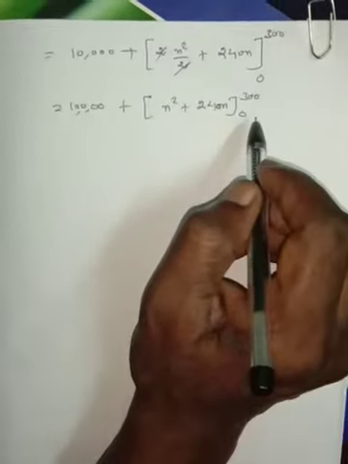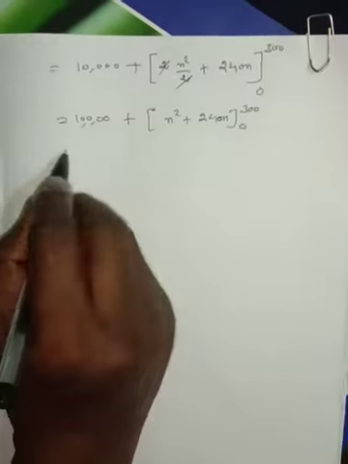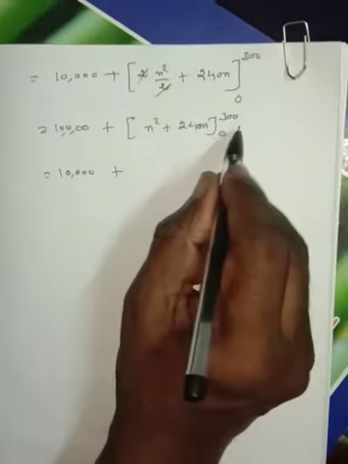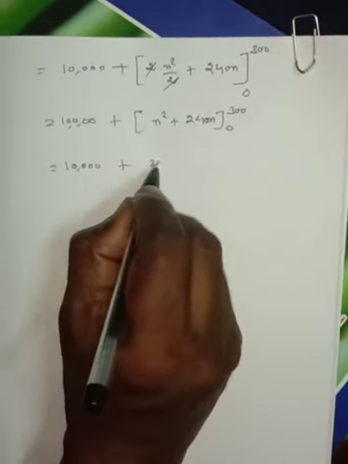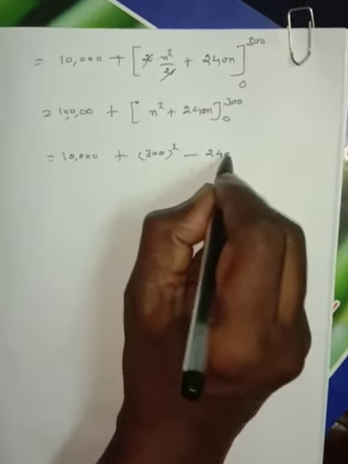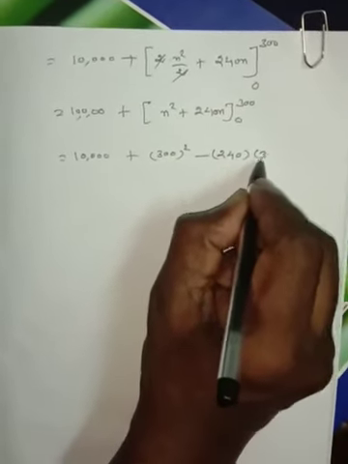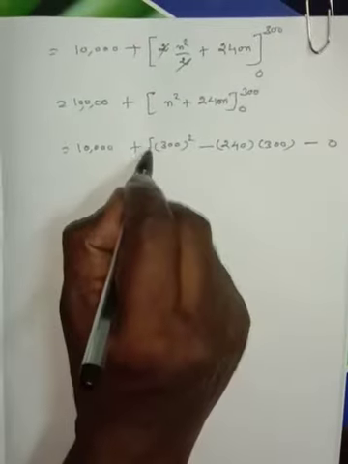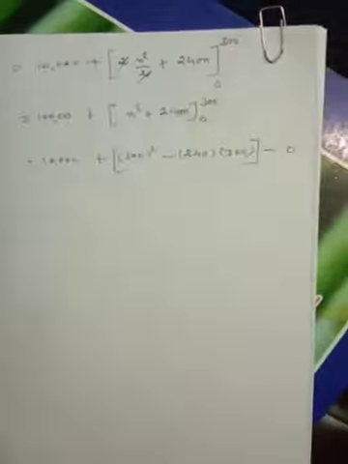0 to 300, is equal to 10,000 plus: apply the upper limit, 300 whole square minus 240 into 300, minus the lower limit 0.